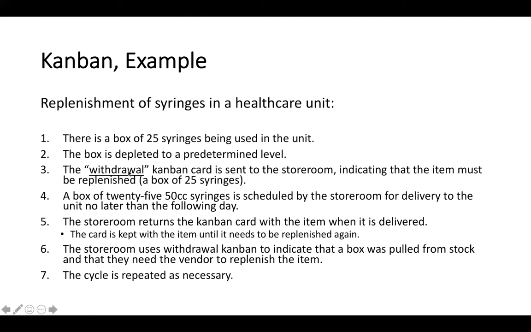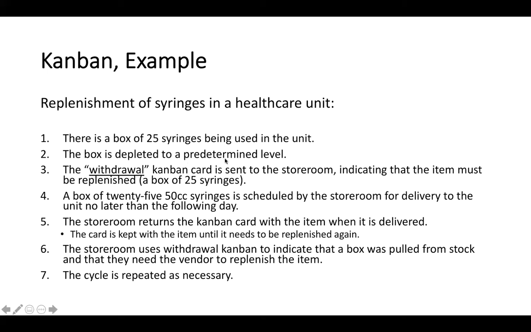So then that withdrawal Kanban card is sent to the storeroom or the supply room, indicating that we need a box of 25 syringes. We need that in the nursing room. And then we also specify when we need that.